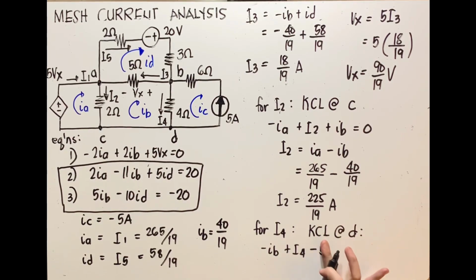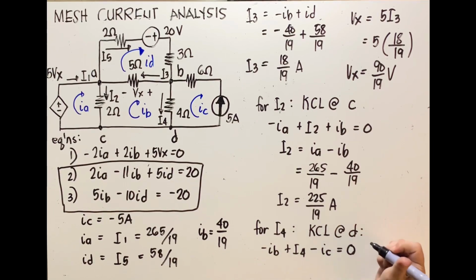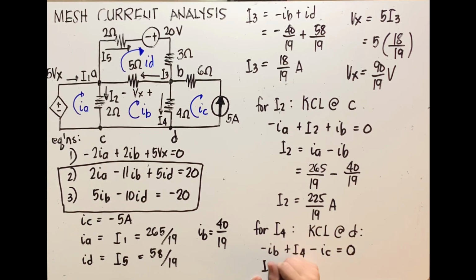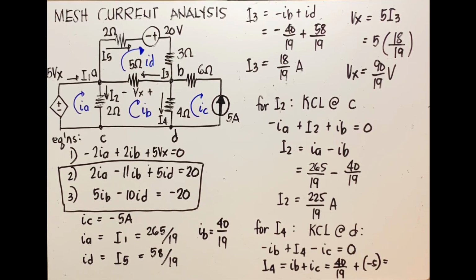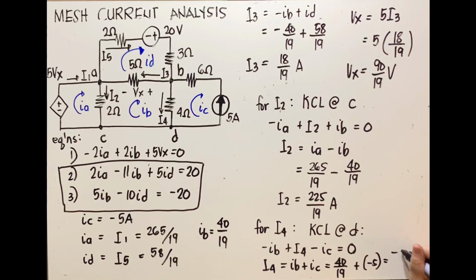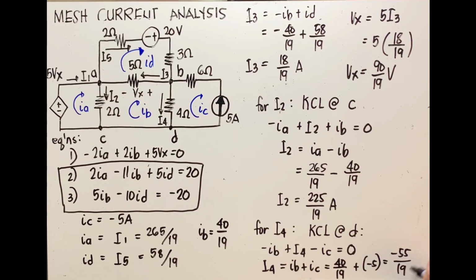O sige, consistent tayo dapat. Sa mesh tayo, para hindi kayo maguluhan. O, papasok si IC. Equate that to 0. And then, we solve for I4. Therefore, I4 is IB plus IC. And IB is 40 over 19 plus IC is negative 5. So, lalabas I4 is simply negative 55 over 19 amperes.